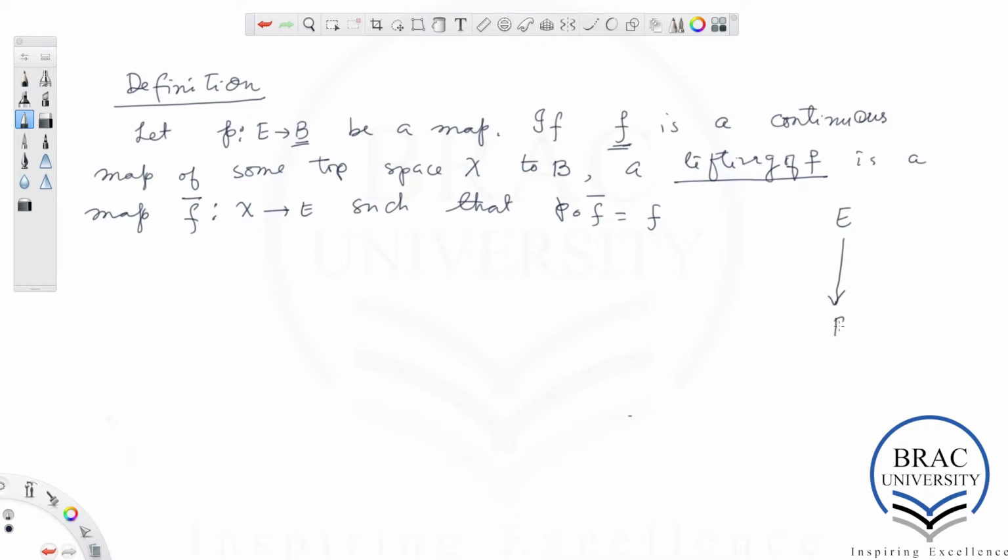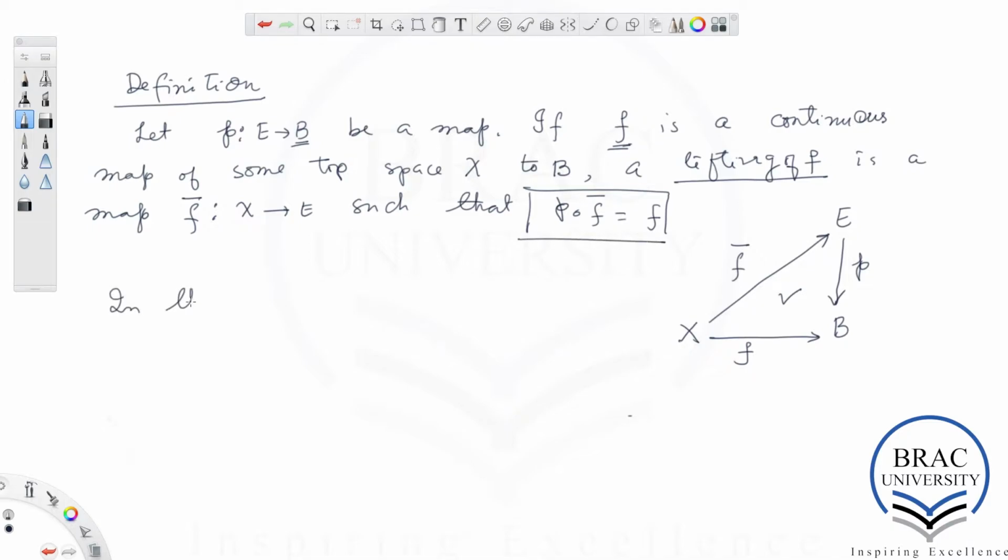From E to B is the map P, and then we have another topological space X from which we have a map F onto B, and then the lift of F is a map from X to E denoted by F bar such that this diagram commutes. In other words, this equality holds.